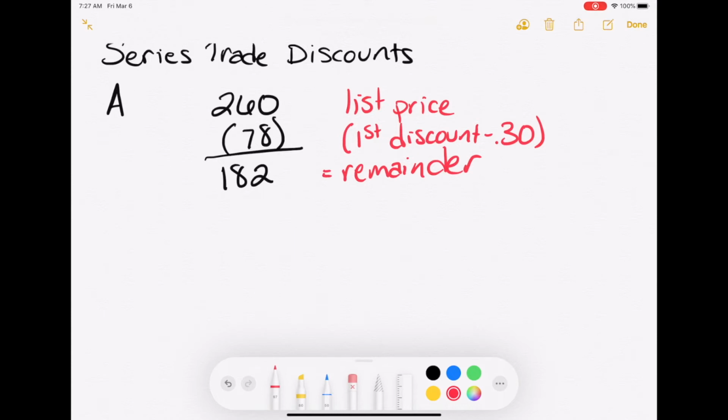Okay, so then our second discount is based off of that remainder. It will be 20% times the remainder of 182.